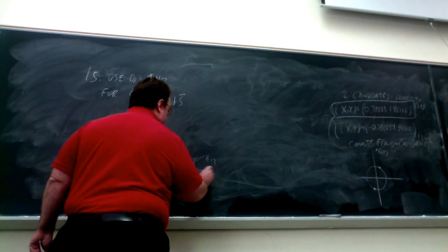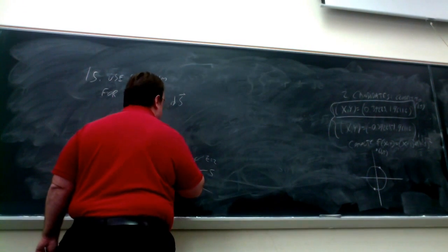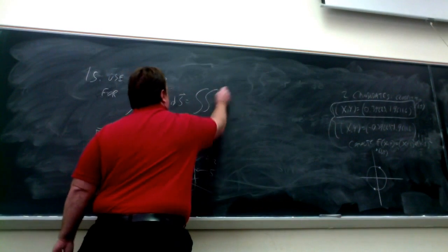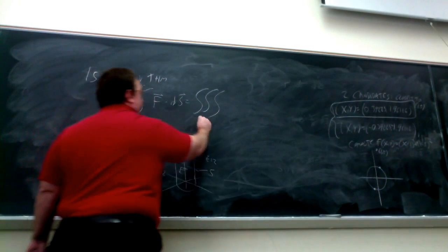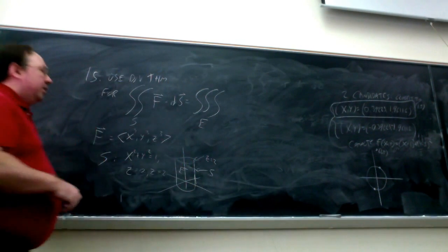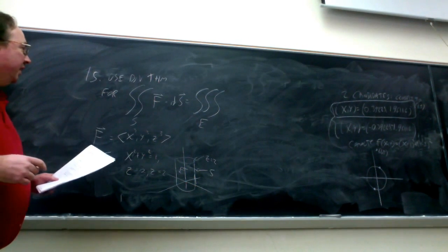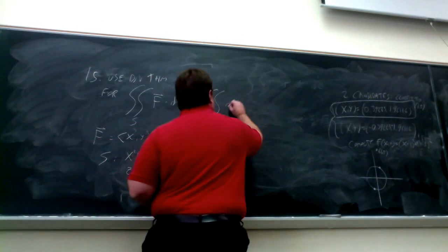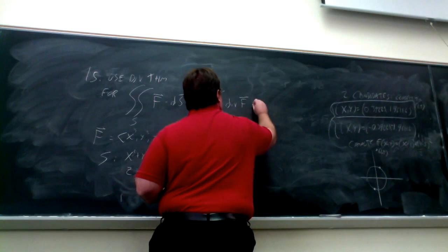So the surface is S, the interior is E. The divergence theorem says this integral is equal to an integral over the interior of this cylinder of the divergence of F.